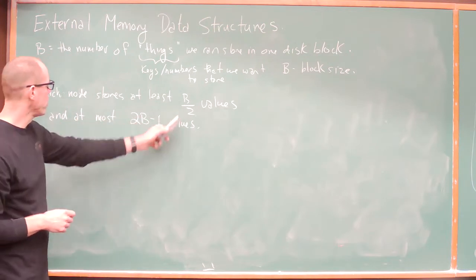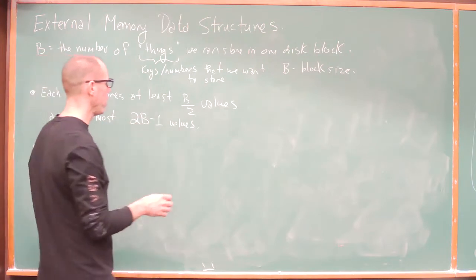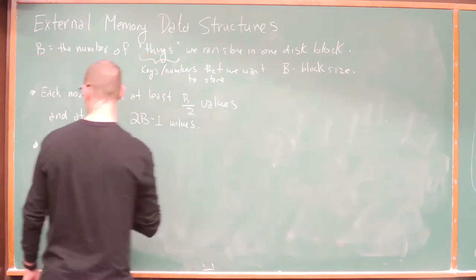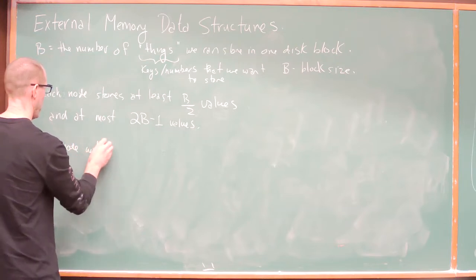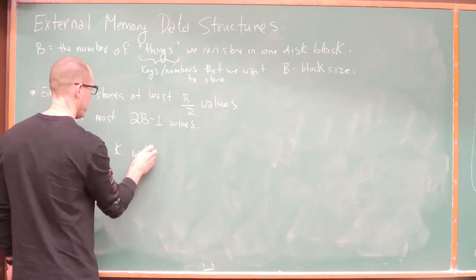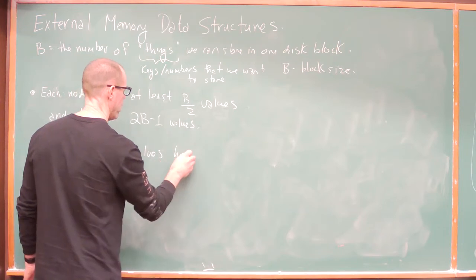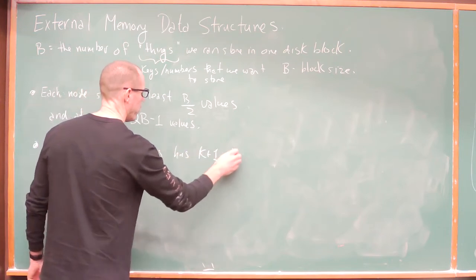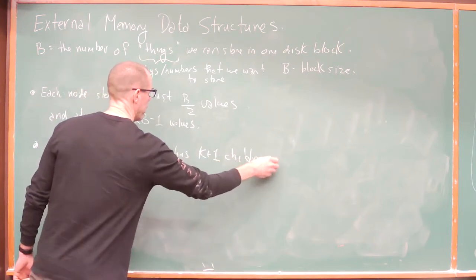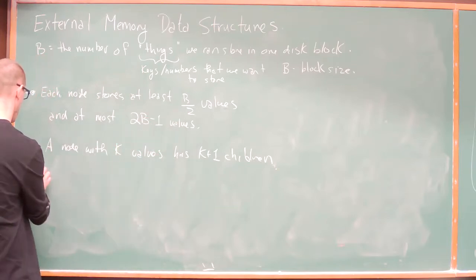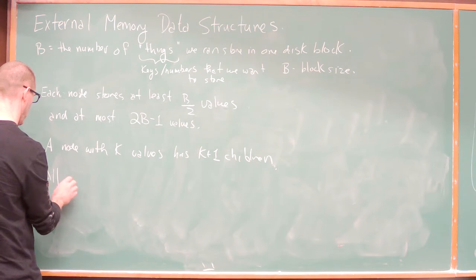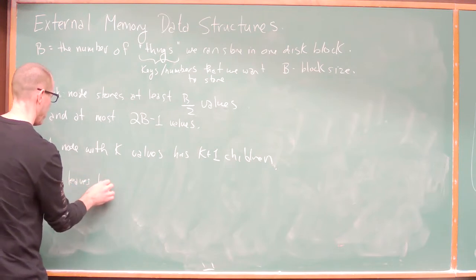So this is how much they store, and a node with k values has k plus 1 children. So that means there are between b over 2 plus 1 and 2b children of each node, and all leaves have the same depth.